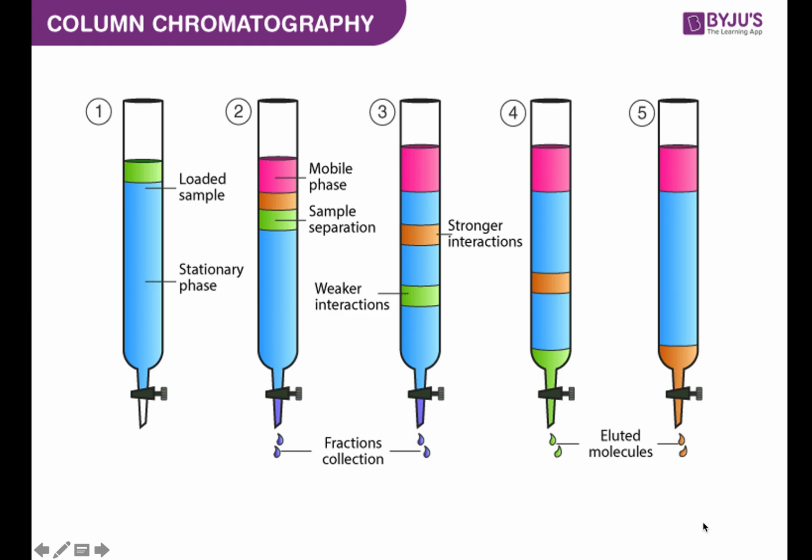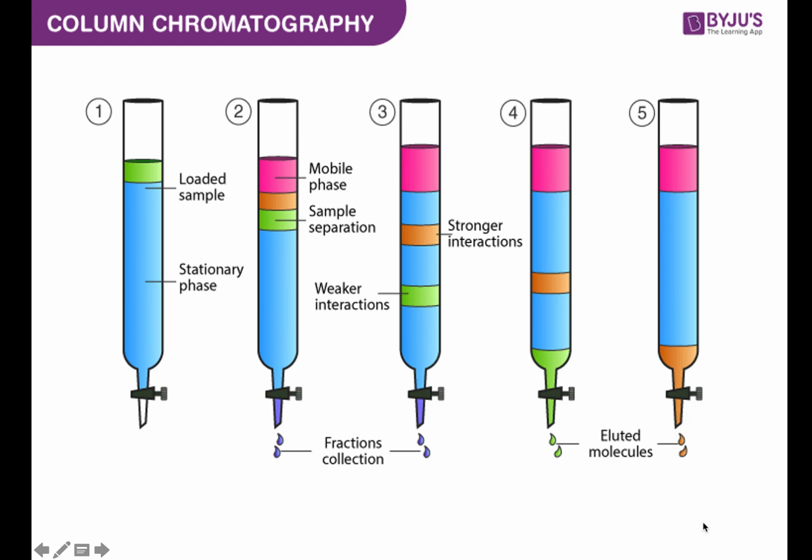This sample contains several components. One of them is the desired product, the other one is unwanted. But these two products have different affinity, different interaction, different polarity, different sticky rate to the stationary phase.